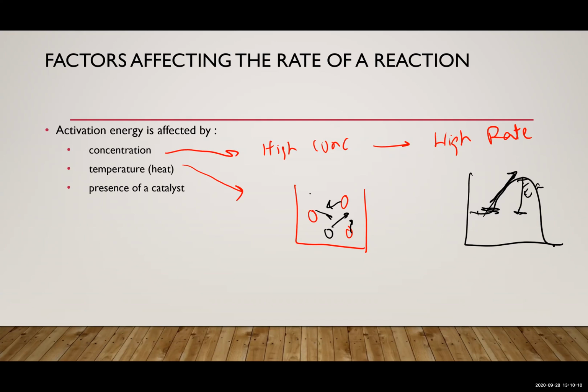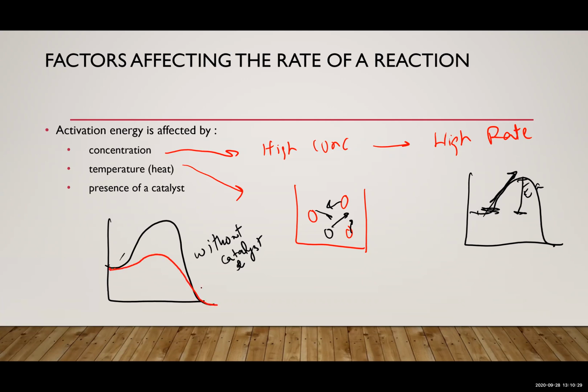Presence of catalyst. What a catalyst does is, imagine if this is the reaction without catalyst. And the same reaction, if you add catalyst, the reaction starts going this way. So red is with catalyst.